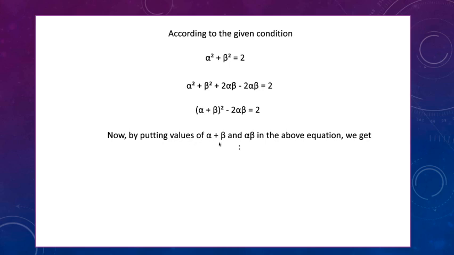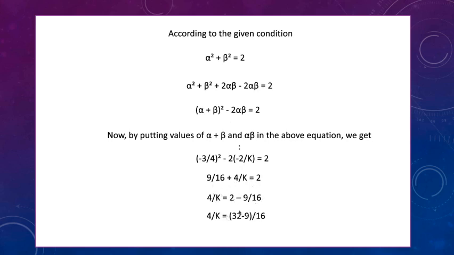Now by putting the values of alpha plus beta and alpha beta in this equation, we get: alpha plus beta was equal to minus 3 over 4, so minus 3 over 4 whole square, minus 2 times alpha beta, which was equal to minus 2 over k. It will become 9 over 16 plus 4 over k is equal to 2. So 4 over k is equal to 2 minus 9 over 16.